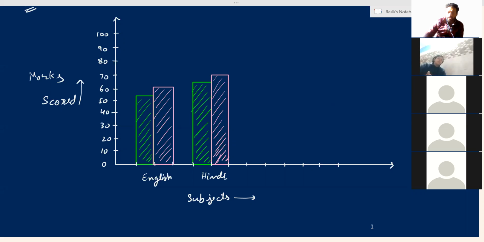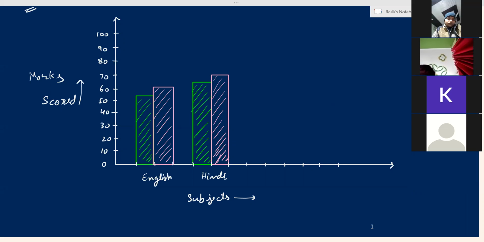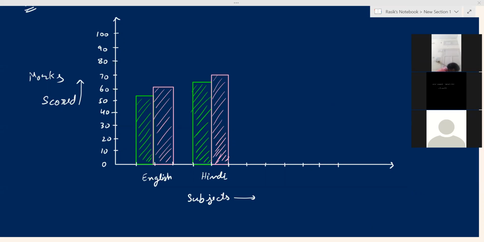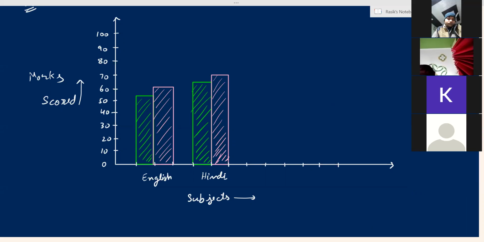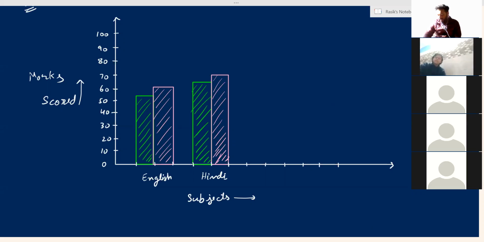All of you keep your videos on first. Only Advika's video is on. Rest of you have kept your video off. I will tell Palak ma'am about this, that both sections A and B don't keep their video on. I will talk to Palak ma'am.